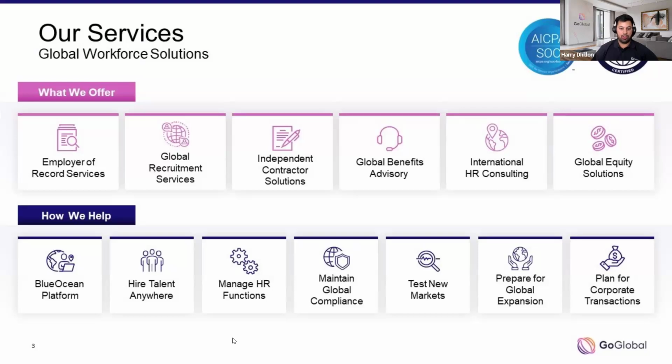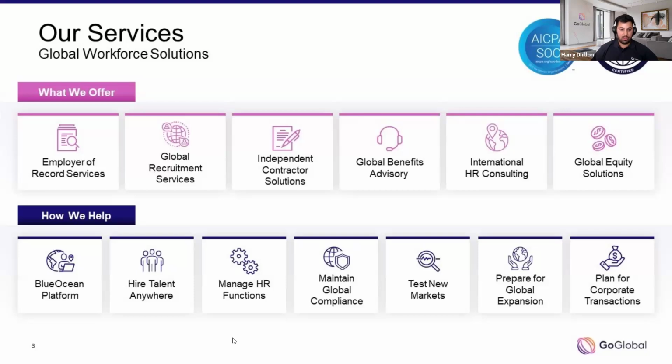So we provide the local support, the local HR advice in the countries that we cover. In actual fact, we support clients in around about 140 countries. We have a number of partners that we have vetted and trusted over the years that support us in regions that we're not directly set up in.